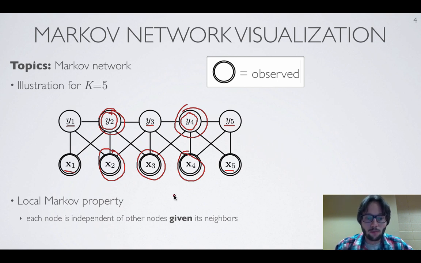Well, the local Markov property would tell me that the distribution over y3, given these 5 nodes, actually does not depend on y1. So I can just ignore it and compute the conditional, which is only going to depend on these five nodes, and the probability will of course depend on the particular value of y3 for which I want to compute the probability.